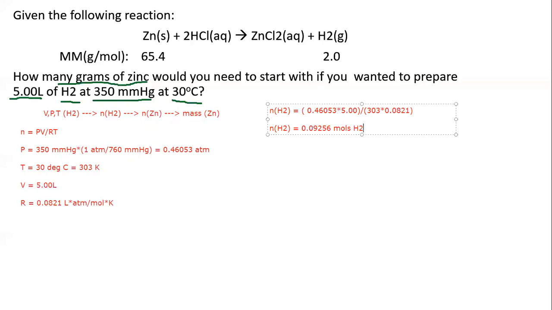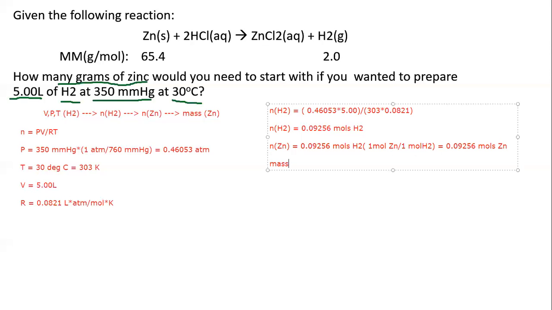So now we know the moles of H2. We can find the moles of zinc by using the mole ratio. So for every 1 mole of hydrogen, we have 1 mole of zinc. And we get the moles of zinc as well.